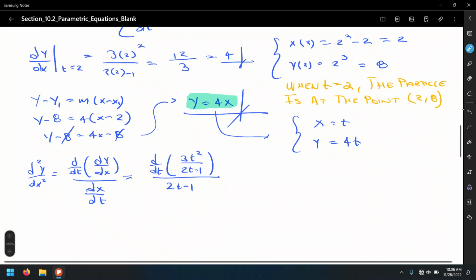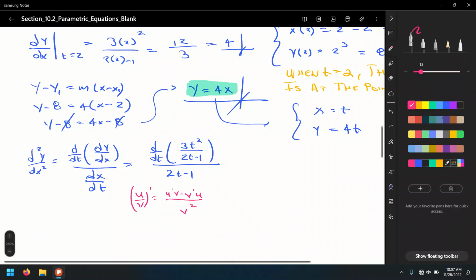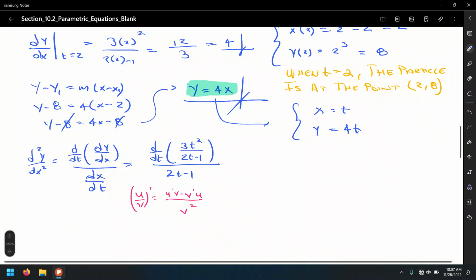All right. Number one, let's recall what the quotient rule is. Whenever we have a quotient u over v, the derivative of it is u prime v minus v prime u, divided by the denominator v quantity squared. That is the derivative of the numerator times the denominator minus the derivative of the denominator times the numerator, and the whole thing divided by the denominator squared. All right, so let's go ahead and do that.